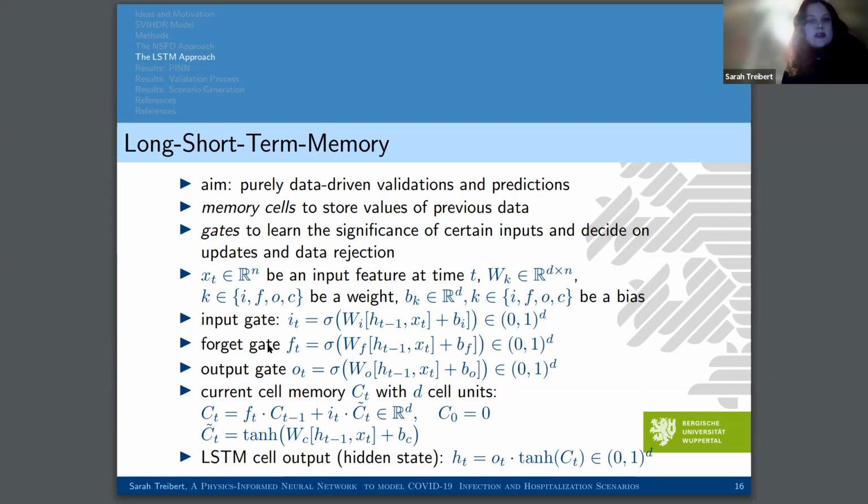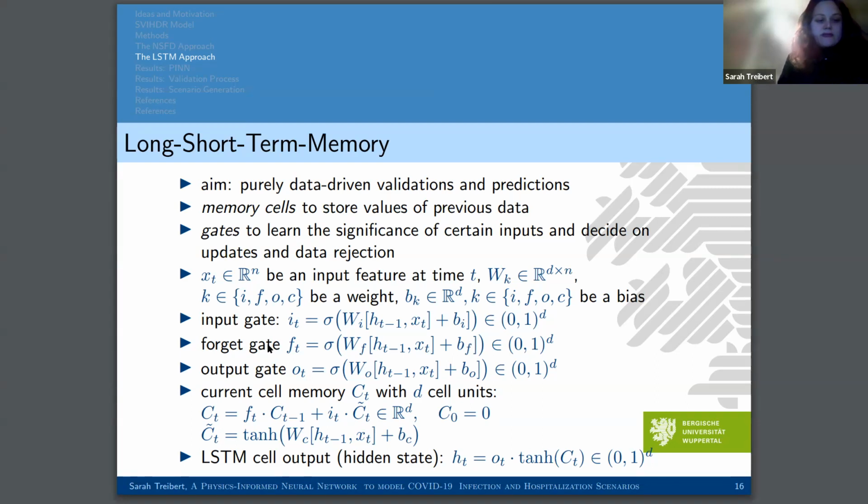And the hidden state is finally the output. It's computed using this cell memory, and it encodes the most recent time step then. So just in short, an introduction to LSTM. You can find very good pictures of an LSTM model and its layers in the literature.